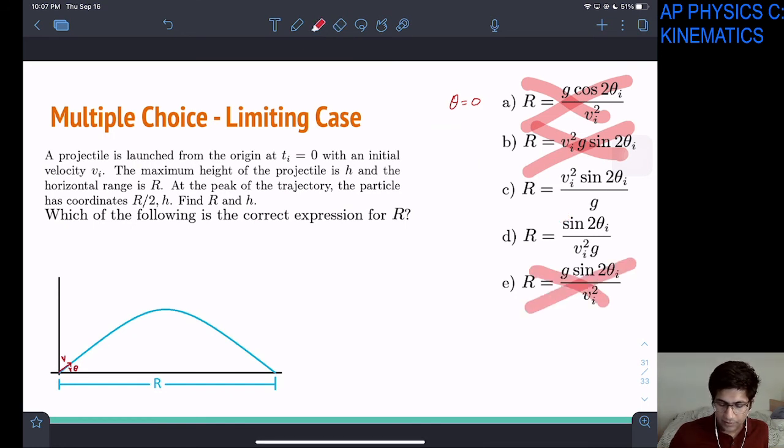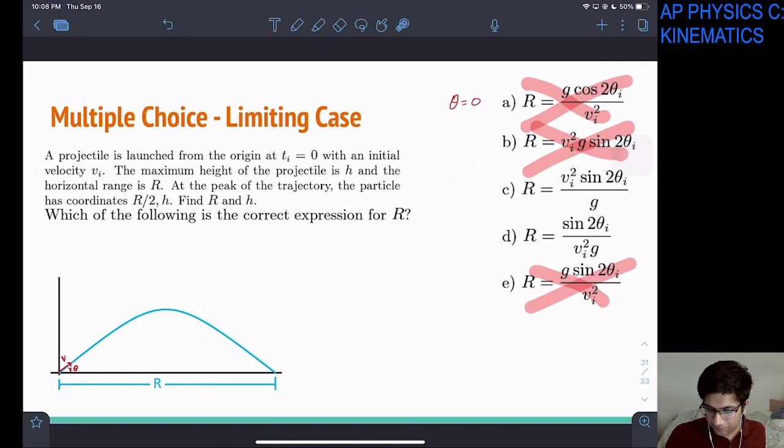All right. Now we have 2 answers left, and the difference is V. And this is the best one, right? This is the easiest one. If you throw something a million times harder, which one do you think is going to travel more distance? If you throw a football gently, versus you really, really throw with a lot of force, a lot of initial velocity, I guarantee you, in the latter case where you throw with a lot of V, it's going to travel a lot further.